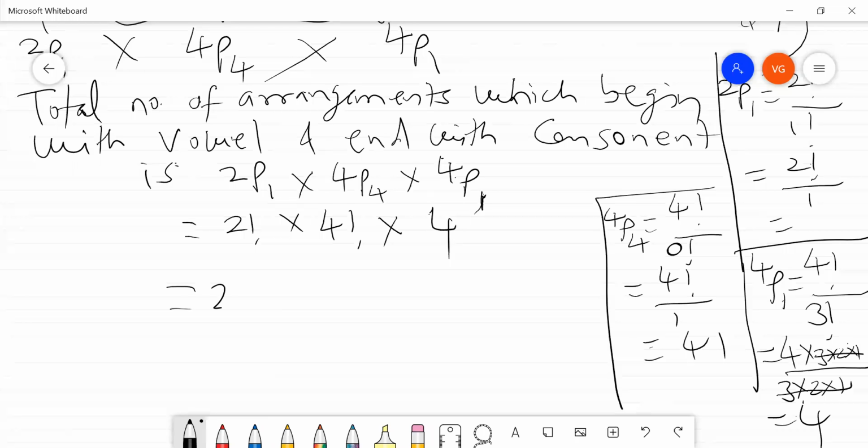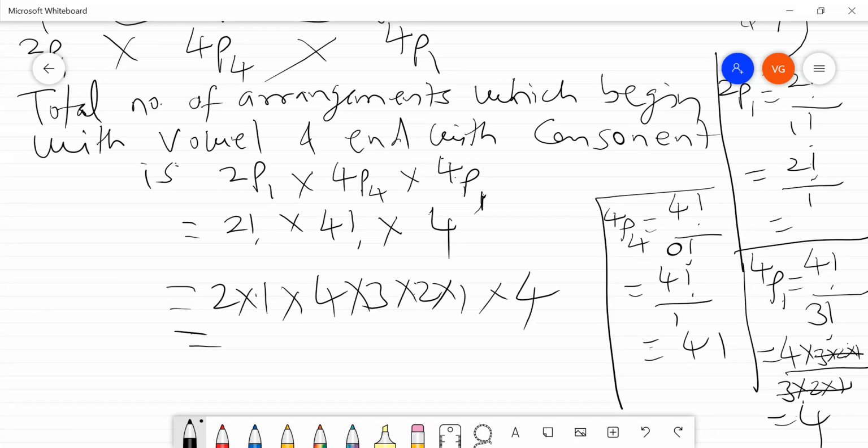Now 2 factorial is 2 into 1, 4 factorial is 4 into 3 into 2 into 1, and into 4. So what is the answer? You can multiply them: 2 into 1 into 4 into 3 into 2 into 1 into 4. The answer will be 192.